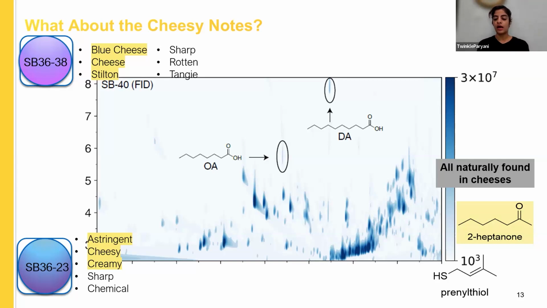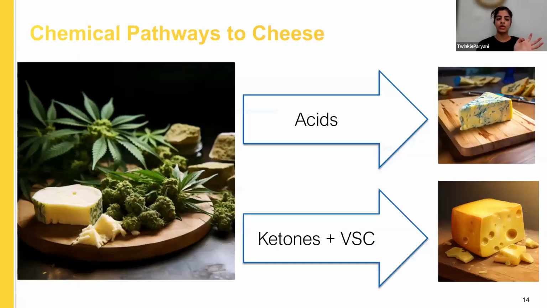Based on the evidence, and we recreated some of this data with blends, we are going to hypothesize that those two acids and then potentially other acids in the same category are what drive cannabis towards the blue cheese smell specifically, because it was clear from the feedback that one was more of a blue cheese and one was more of a regular kind of yellow cheese, cheddar cheese kind of smell.